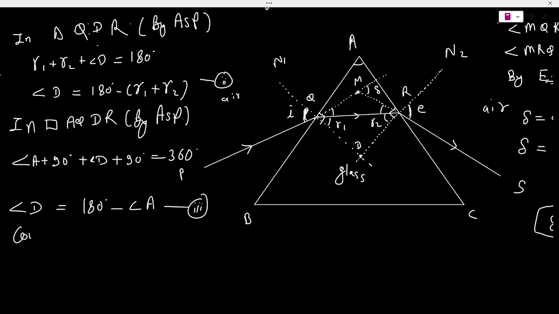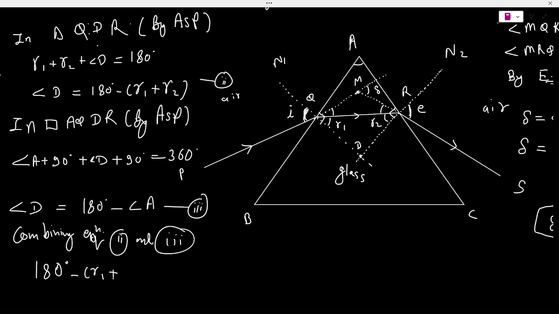This is equation number 3, and we have to combine equations 2 and 3. When we combine these equations, we get 180 minus (R1 plus R2) equals 180 minus angle A. The 180s will cancel out, and the minus signs will cancel out.